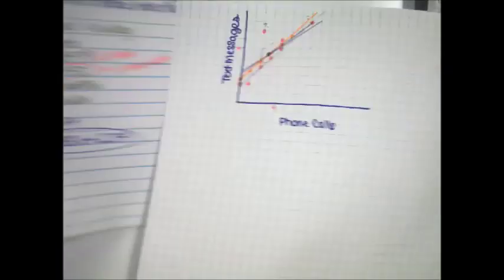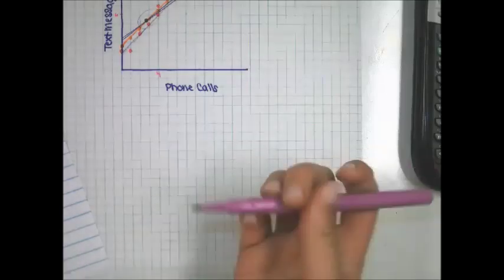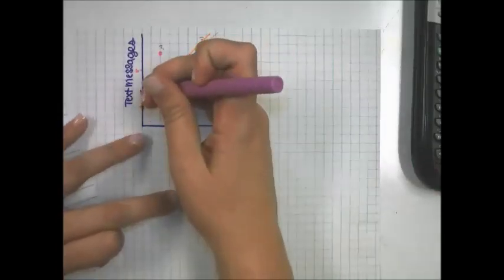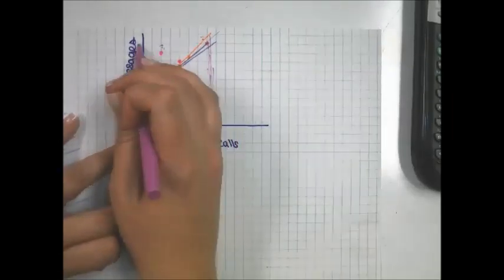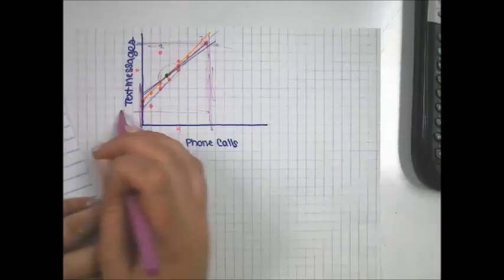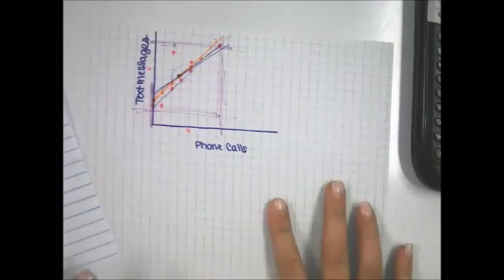So to interpolate would mean that we can use this line of best fit to estimate data that falls inside our box. Okay? I've kind of put that data inside of a box.